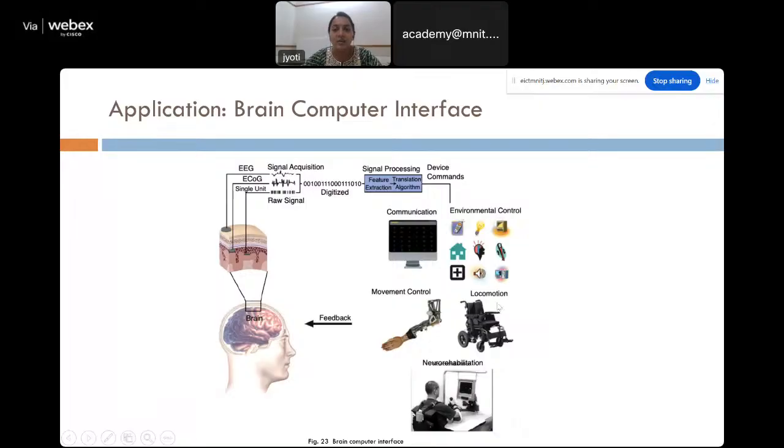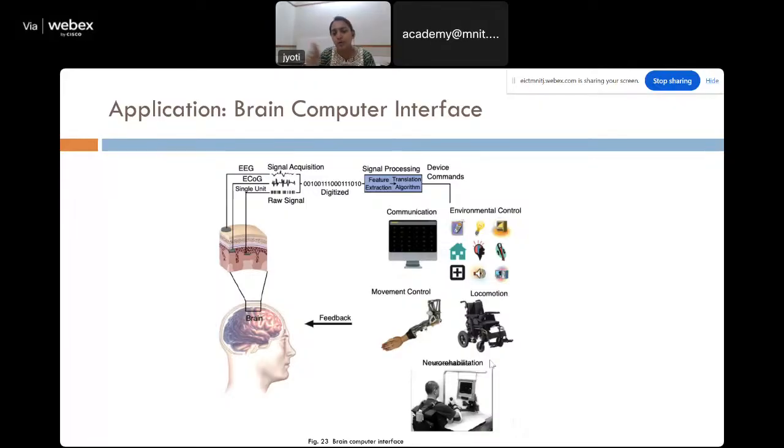Acquire the data, and suppose a person has a robotic arm, or is sitting in a wheelchair. We can tell that person these are the 4 tasks: maybe you can close your fist, or do some eye blinking. So different types of tasks can be associated with different commands. Suppose the person is doing eye blinks, or right hand movement, or leg movement, or any little bit of movement.